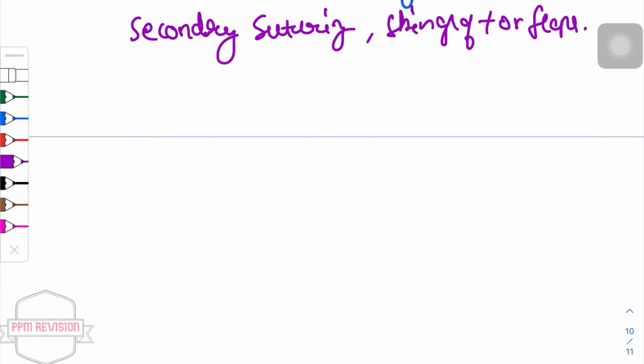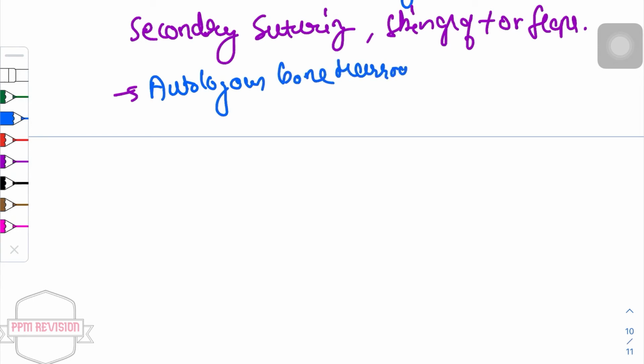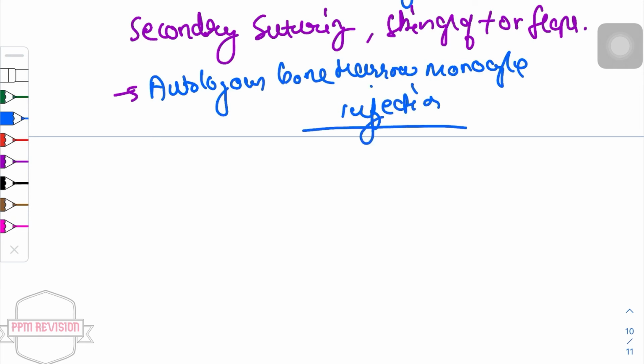Autologous bone marrow monocytes injection into the ulcer area is also a new concept.